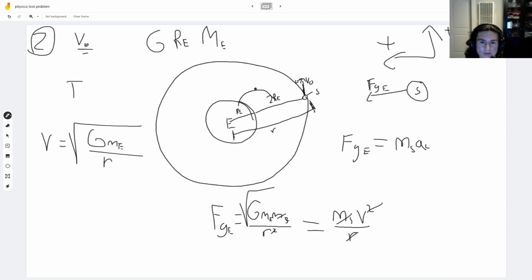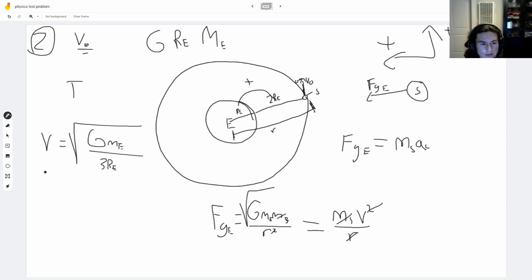So basically, we can add these together to get 3re, which we're going to replace for our r. So I'm going to erase our r over here, and we have GME over 3 radius of Earth.